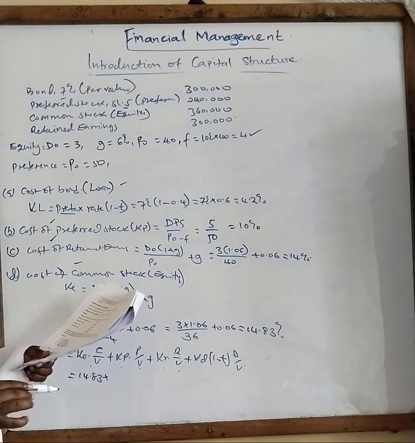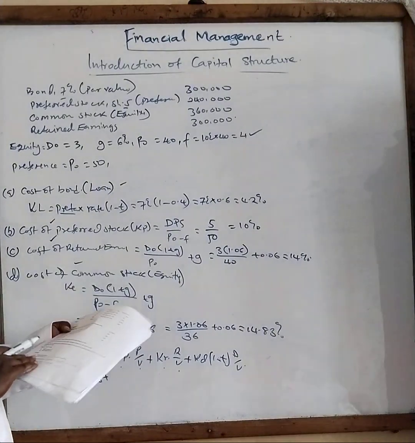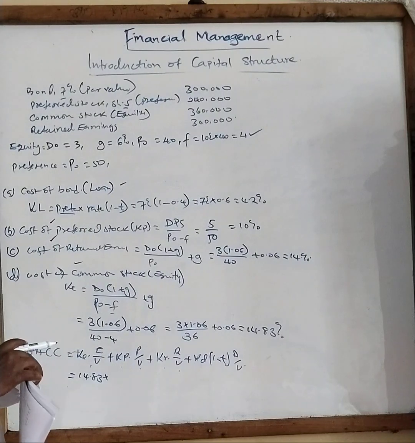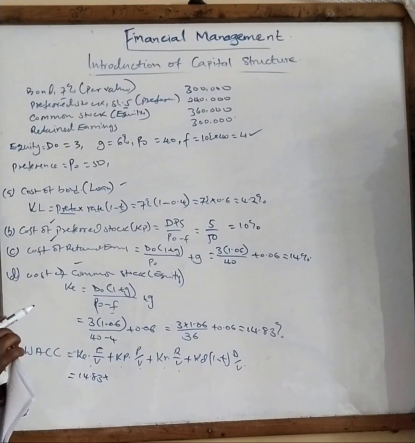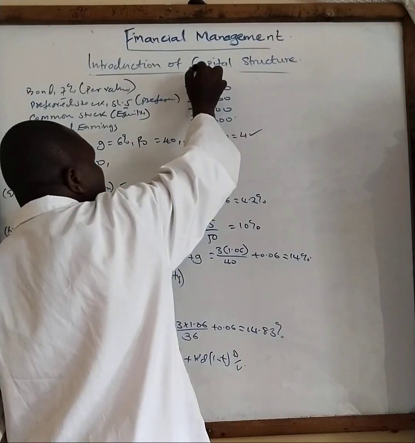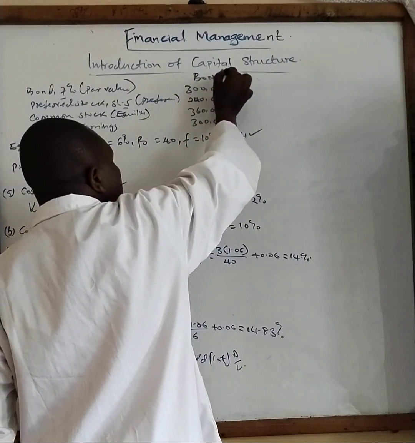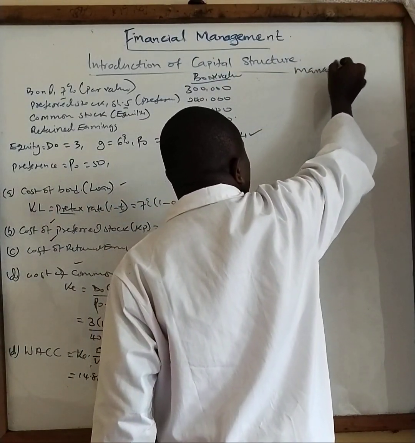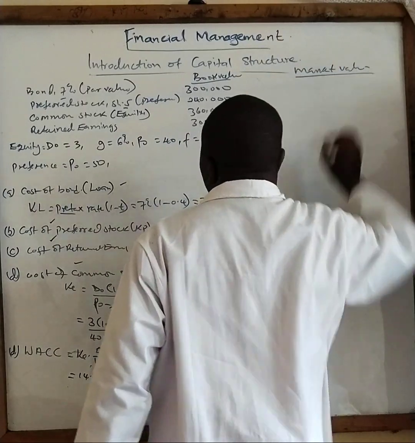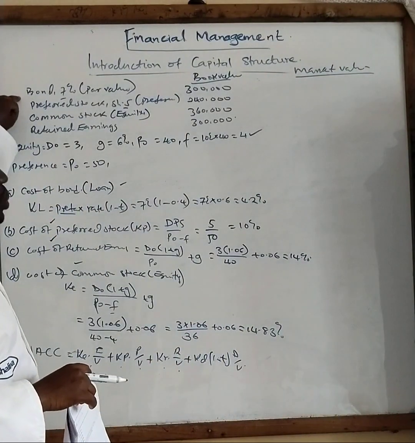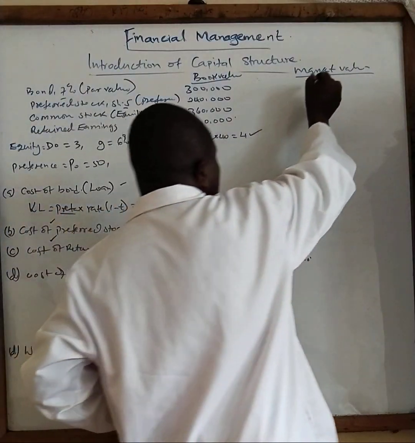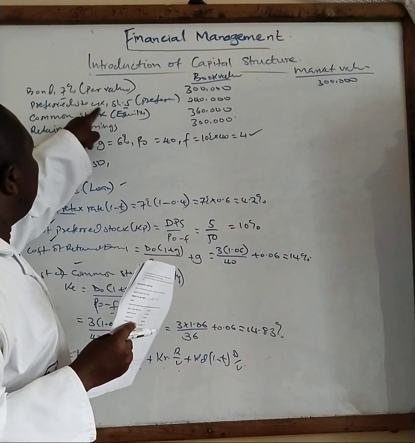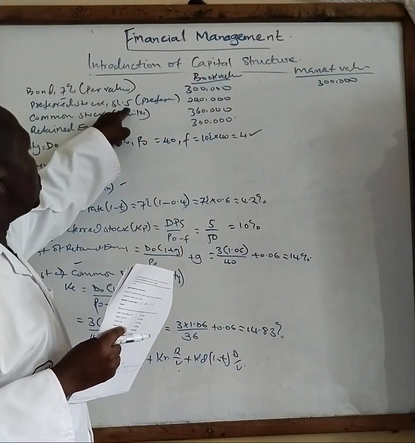So in this case now, we can calculate our market value. Let me calculate the market value. So these are book values. Now, the market value for the bond, we have not been given any, therefore it will remain the same, 300,000. But now, there will be a problem here for the preference share. One preference share is equal to 5 shillings.